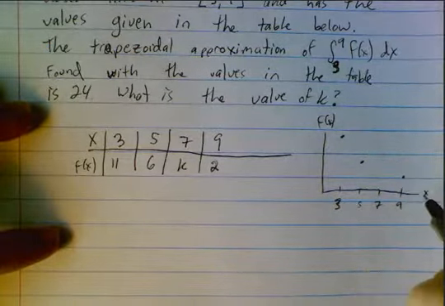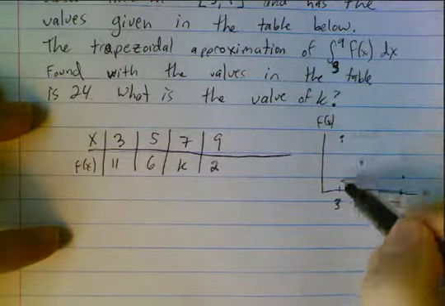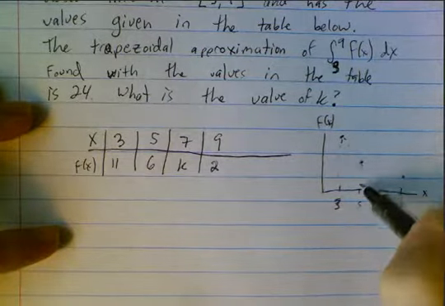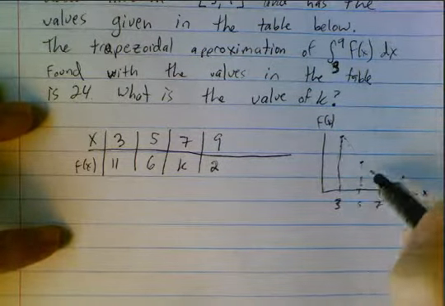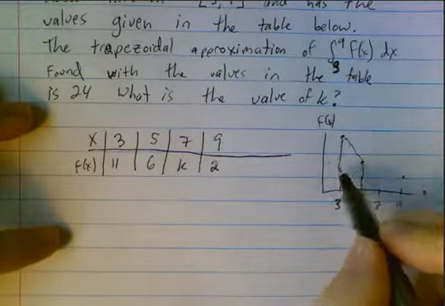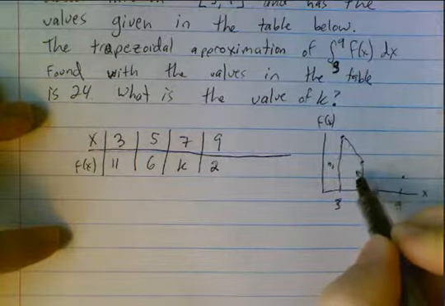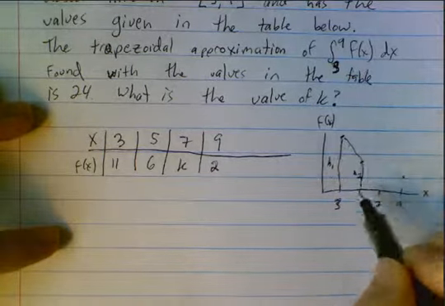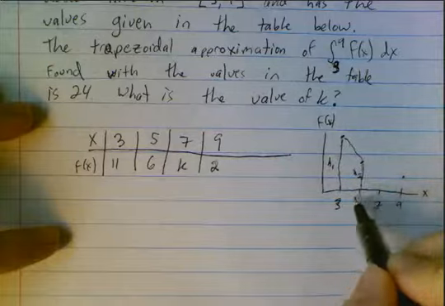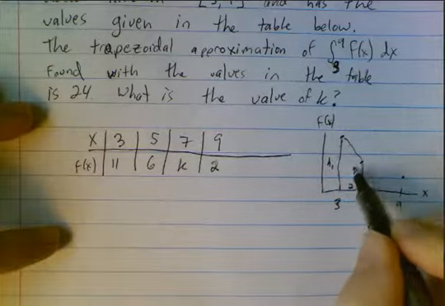You don't have to draw this little chart, I just find it helpful. So to do my trapezoidal approximation right here, I'm going to do this height plus this height divided by 2, and then times this width here, which from 3 to 5, we just go over 2.